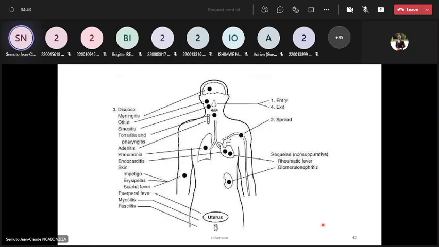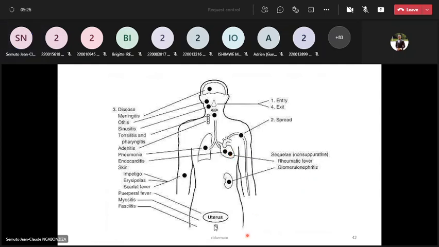So entry is always by respiratory route, and they can spread all over, as we said. They can cause rheumatic fever, as we have seen, and glomerulonephritis, and this is non-suppurative, no pus. So the pathogen may still be there or not, but glomerulonephritis is caused by immune complex deposit in the kidney, and rheumatic fever is caused by cross-reactivity of antigen to the heart muscles.